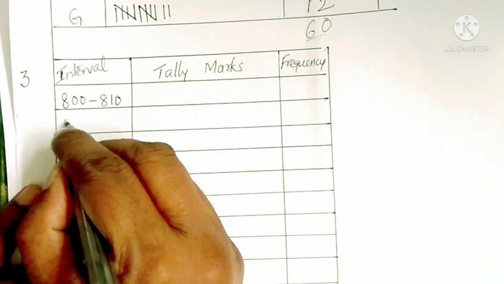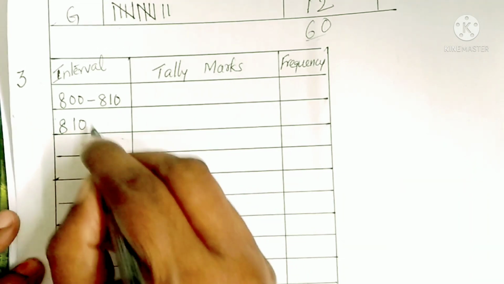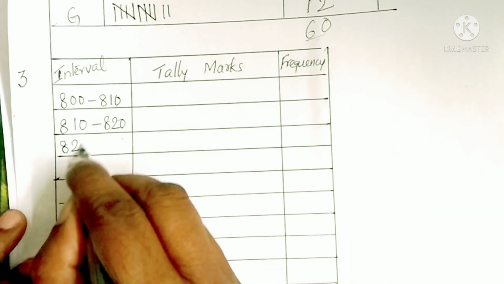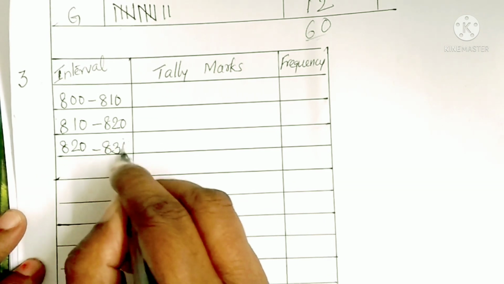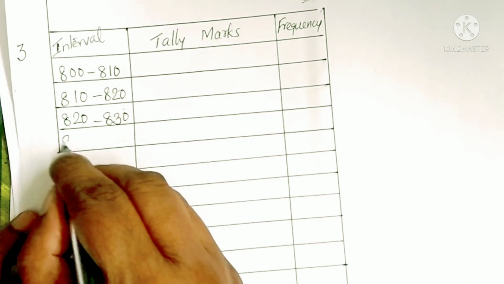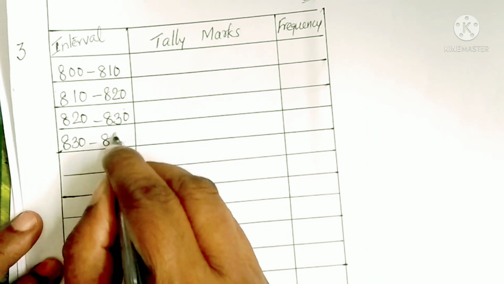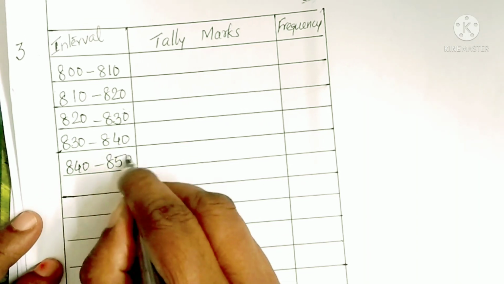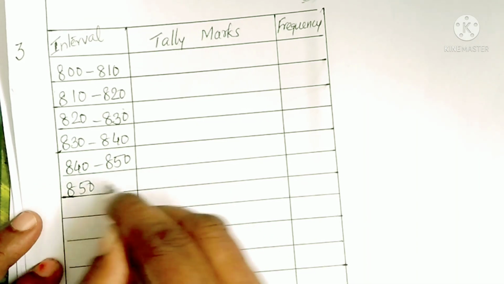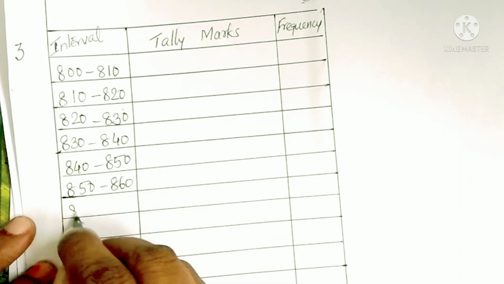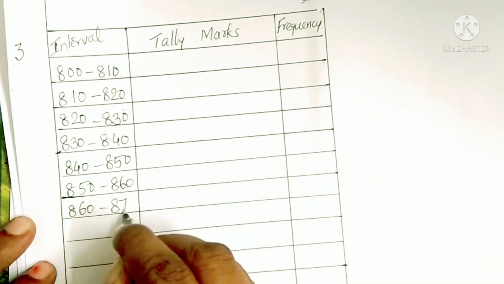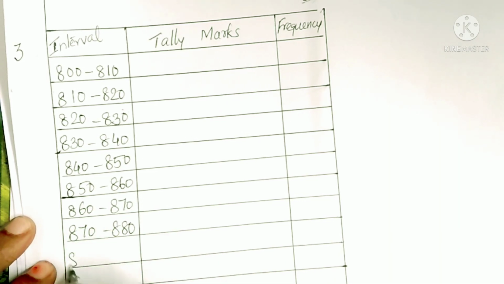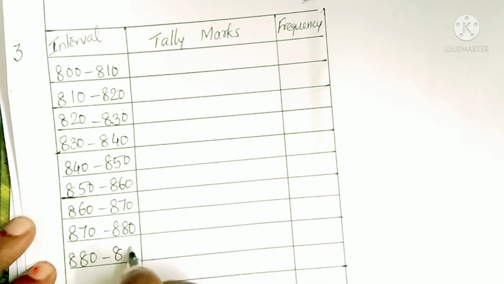That is the exclusive one we have to make. 810 to 820, 820 to 830, 830 to 840, 840 to 850, 850 to 860, 860 to 870, 870 to 880, 880 to 890.